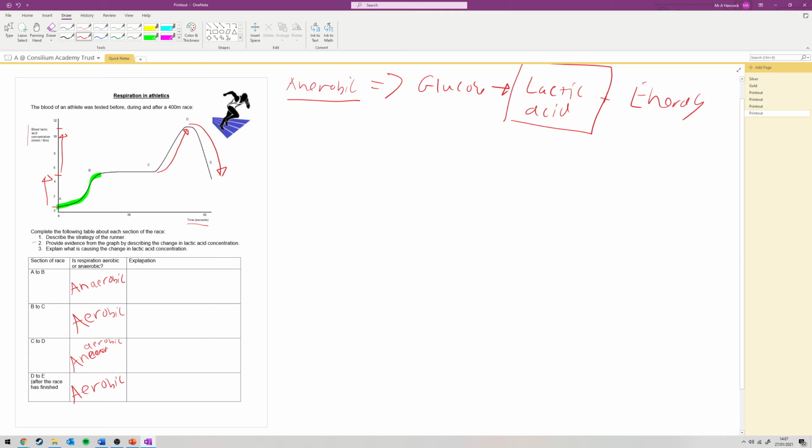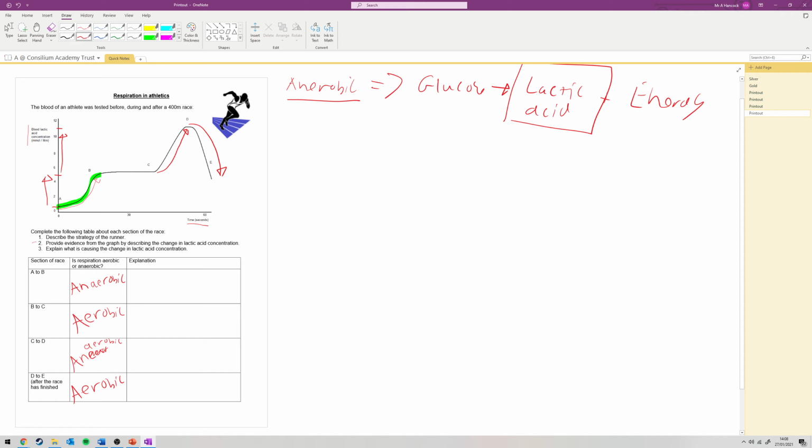Right, let's have a look. Stage of the race. Well, what do you think's happening here? The lactic acid is increasing pretty massively. Well, at the start of the race, you can kind of see it only increases a little bit, and then it increases a lot. This person was ready to go. They were stood still, they were breathing nicely, they were getting themselves ready to start the race, so their body already had a fair amount of oxygen just waiting in the bloodstream.